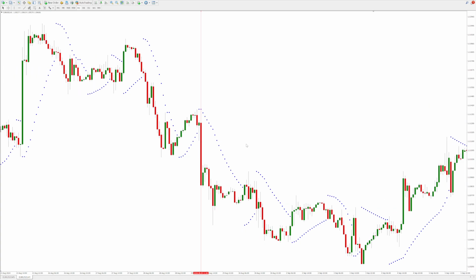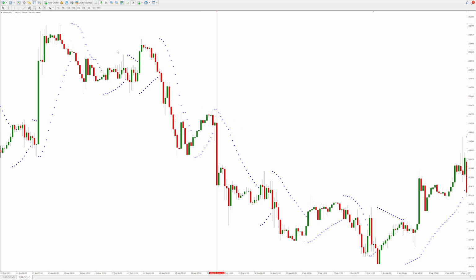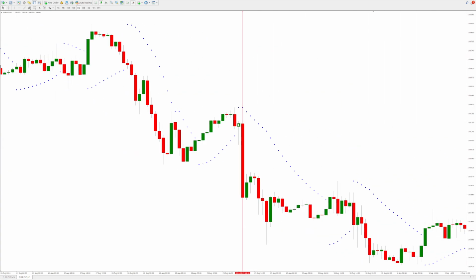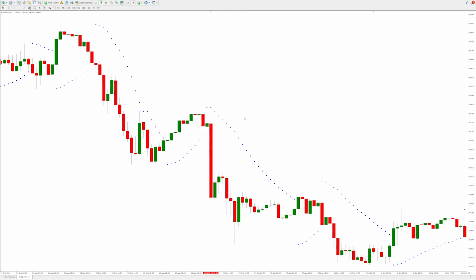Okay, so here we have another entry, this time in a downtrend. So we wait for price to start forming a clear and obvious trend, as we see here. Clear downtrend as shown by the trend line and the Parabolic SAR indicator.